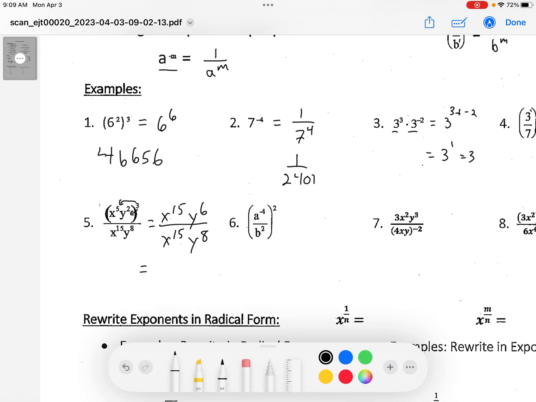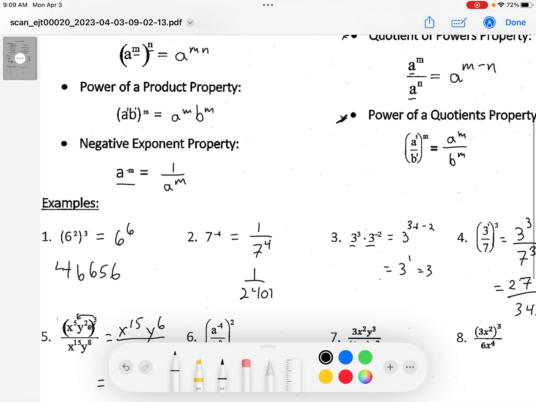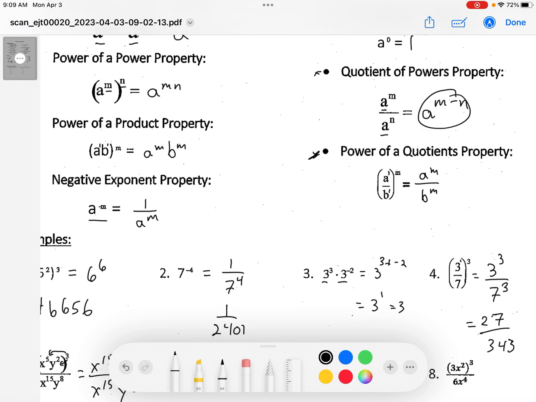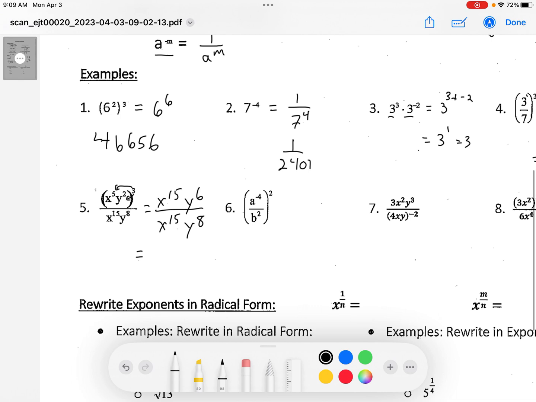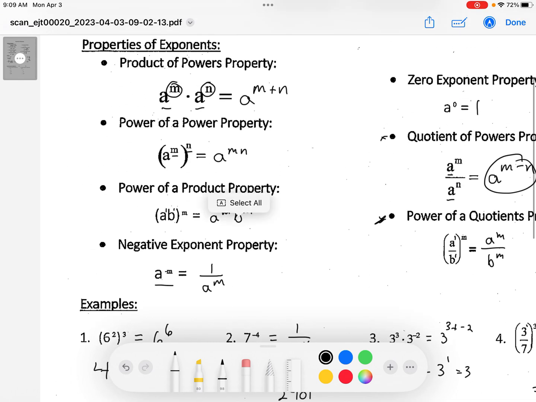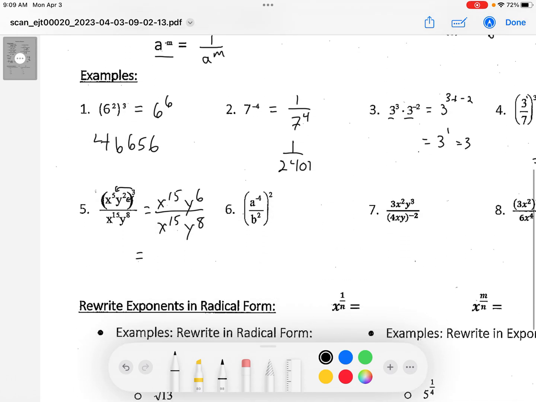Now, the x to the 15th, we're dividing. Now remember the divisor, we subtract exponents. Well, 15 minus 15 is 0. So it'd be x to the 0, which is 1, so these more or less just cancel out as 1. So now you have y to the 6th over y to the 8th.